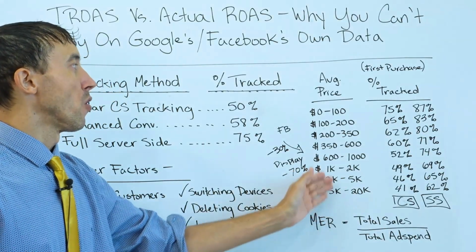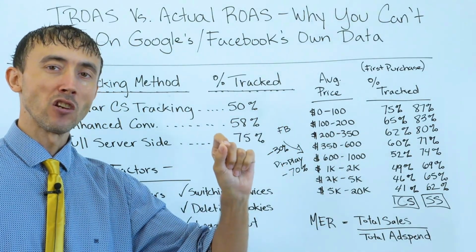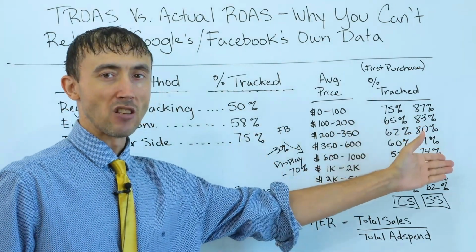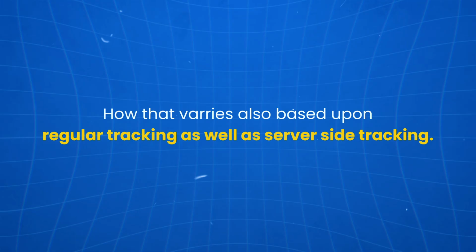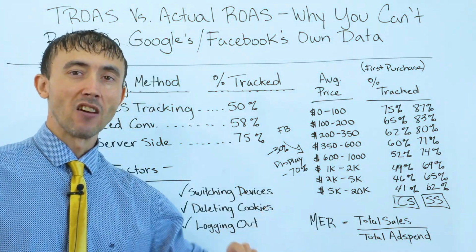They show you the sales the ad platform says you're going to get in a bunch of different niche markets and the actual ROAS you're going to get, and how that varies based upon regular tracking as well as server-side tracking, which should get you excited about doing server-side tracking. But there's a much better way to scale your ad account and know if you're profitable.